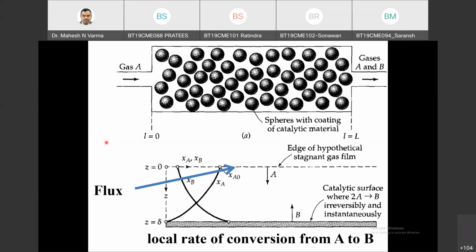Sir, in Z direction. Z direction only. Why is there no variation of concentration in X and Y?